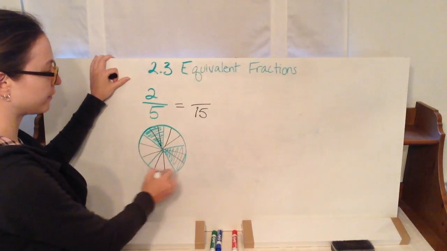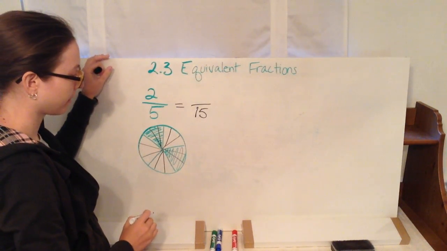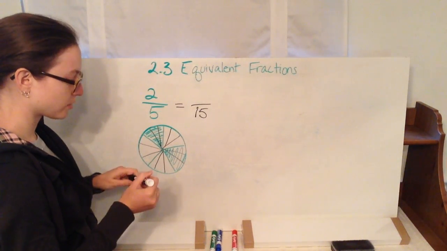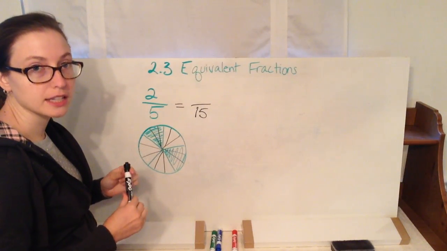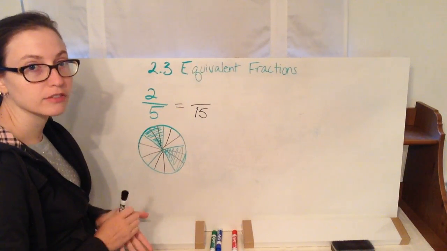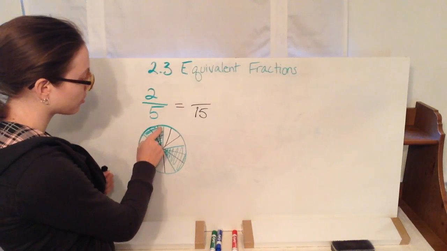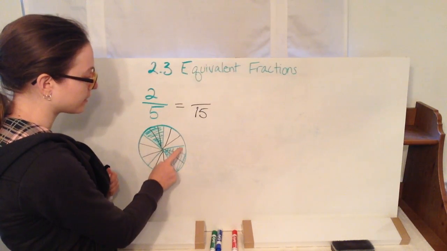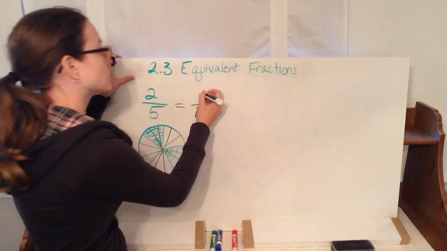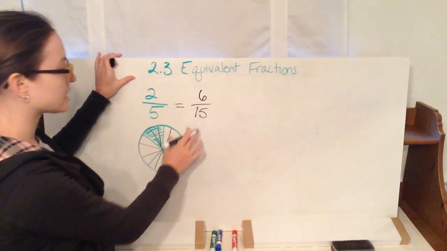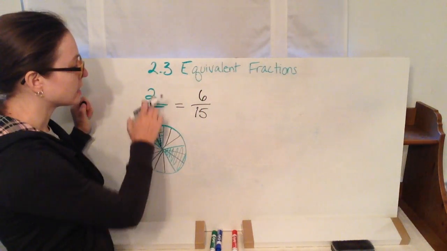Okay, so now I have 15 pieces, and how many of those 15 are shaded still? I haven't changed the shading, I've just changed the size of the pieces. So I have 1, 2, 3, 4, 5, 6. So there are 6 15ths in 2/5.